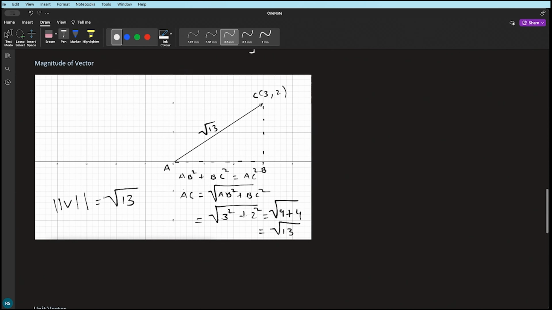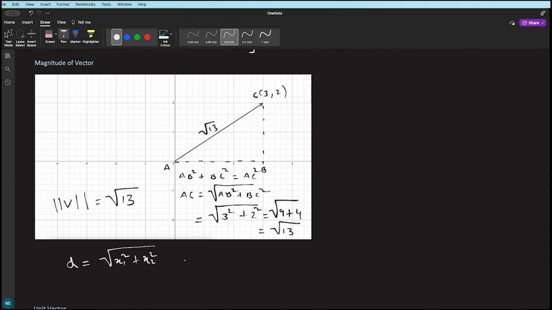This is the magnitude of the vector. Suppose I define it as a distance d, which is the length or the magnitude of the vector. It is defined by the square root of x1 square plus x2 square. But this is the formula for the magnitude of a vector in two-dimensional space.